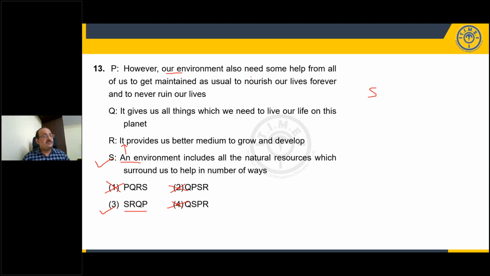P introduces a different idea by saying what we need to do to maintain our environment, and no other line talks about it. So very clearly P has to come at the end. Because if P were kept anywhere else, the next line after that should talk about what we should do to support our environment, and the other lines are not talking about it. So very correctly, my answer is option number 3, SRQP.